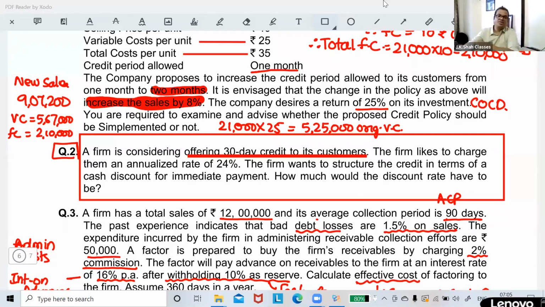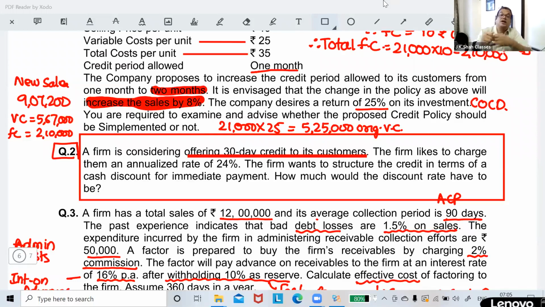I'm going to charge you 24% per annum if I sell you on credit. Then, if you are willing to pay me immediately, I should offer you some discount. Understood what I said?